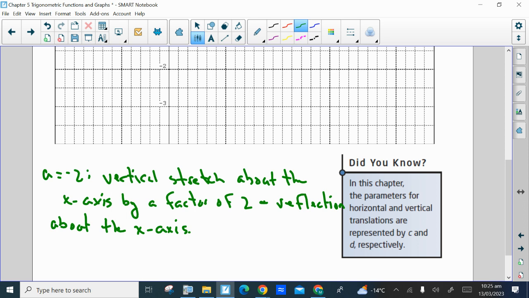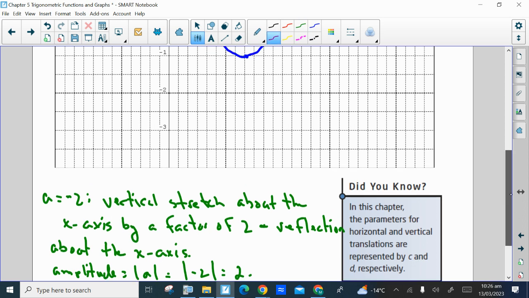When we talk about transformations of a trig function, remember that the a value actually tells you the amplitude. The amplitude of this graph is always the absolute value of a. In this case, the absolute value of -2 is 2. That's our amplitude.